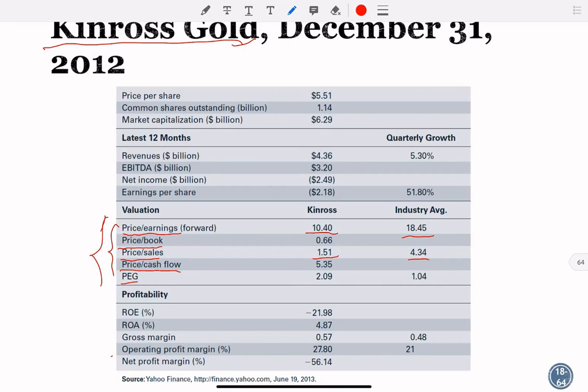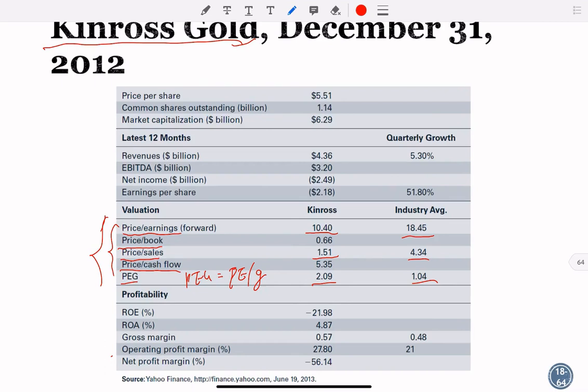So now we look at the PEG ratio, right? So what is the PEG ratio? Again, the PEG ratio equals the PE ratio divided by the growth rate. And here you can see that the PEG ratio is about 2 and the industry average is about 1.